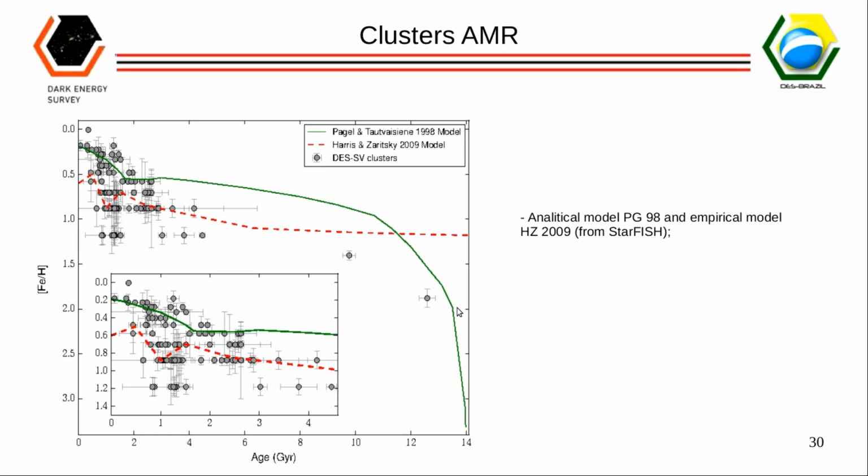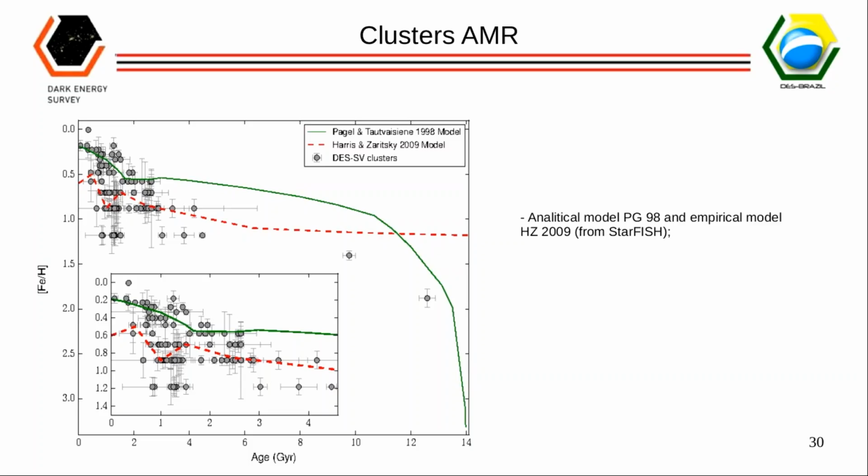And for the younger and more metal-rich clusters, they tend to stay midway. The spread in metallicity for the clusters younger than 2 gigayears can be explained by the infall of SMC gas as simulated by Bekki and Chiba 2012.